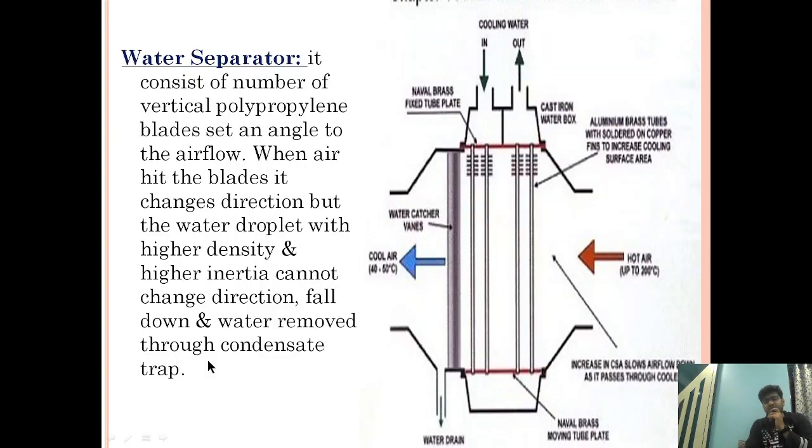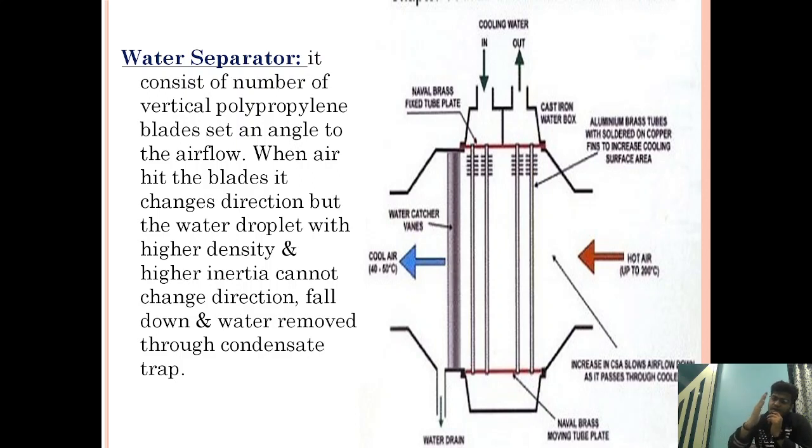Very important. So basically what is happening, as you can see, this is a water catcher, consisting of blades which are placed at an angle. You just see my hand.